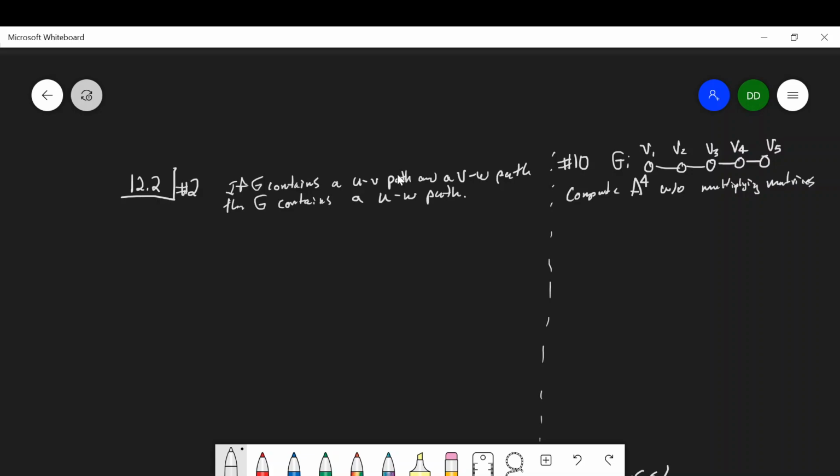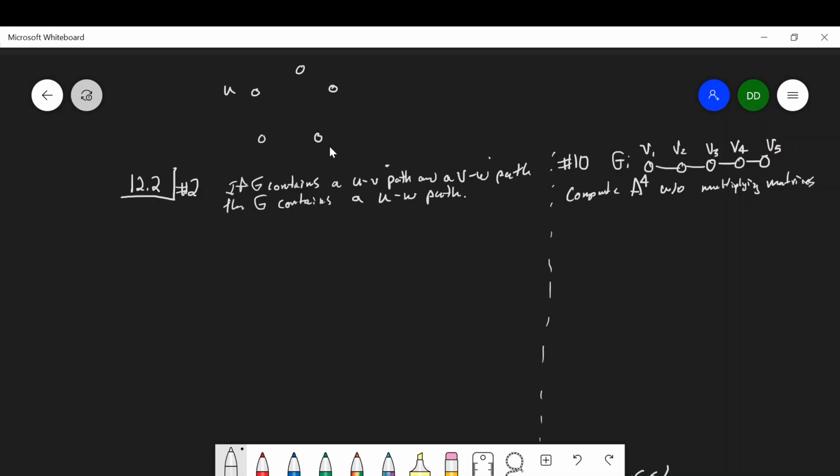So what I want to do is take these two paths, the UV path and the VW path, and concatenate them. I go from U to V, and then I go from V to W. The issue here is, let me give myself an example to illustrate this.